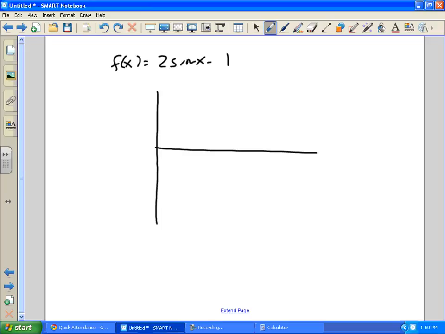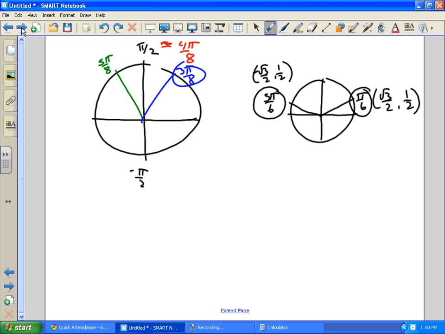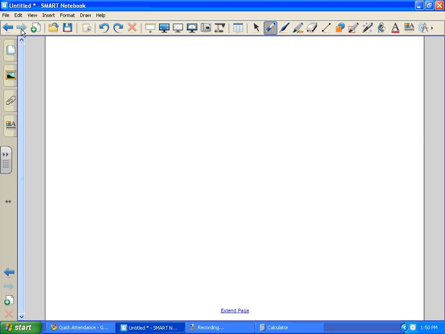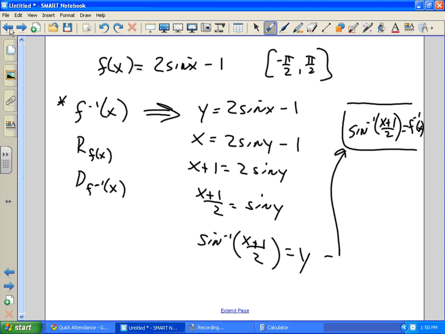So the new intercepts will be at -1. What does the 2 tell me? I will find my maximum values 2 units above -1, or 1, and I will find my minimum values 2 units below -1, at -3, and my graph will range from -3 to +1.